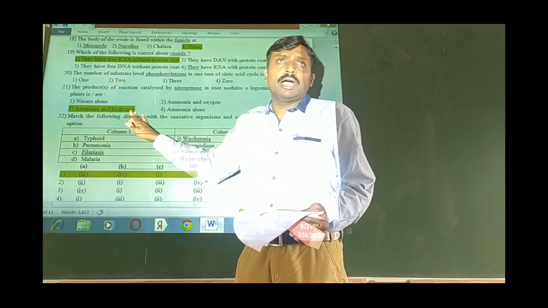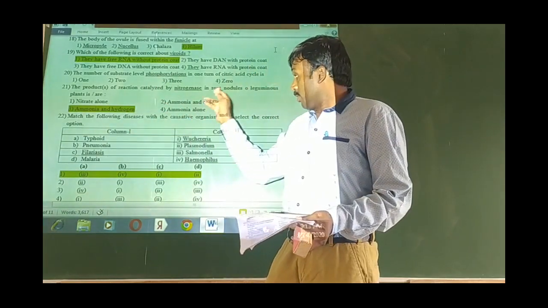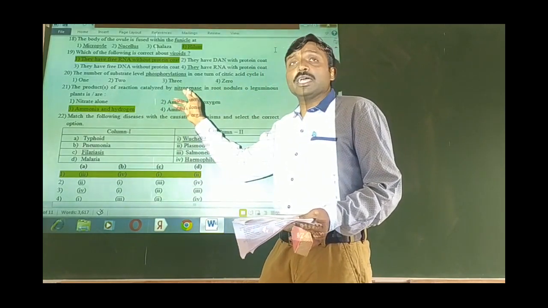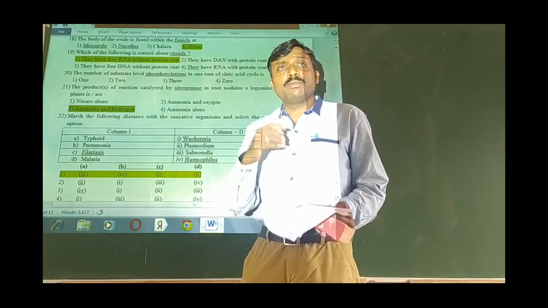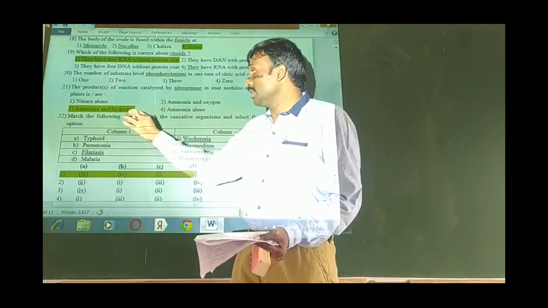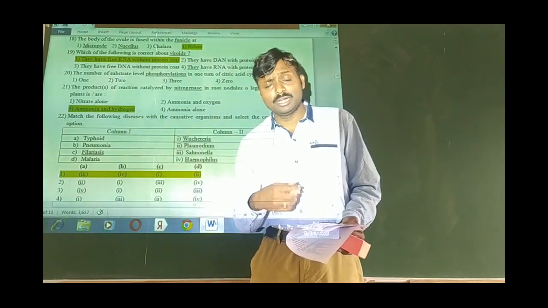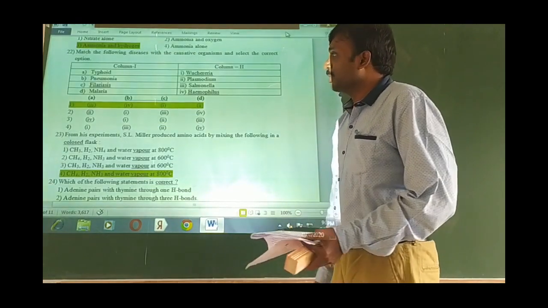Ammonia, along with ammonia, hydrogen will be synthesized during root nodule formation by the catalytic property of nitrogenase. Atmospheric nitrogen is fixed into ammonia, and along with ammonia, some hydrogen is also released there. Then moving to the next question.